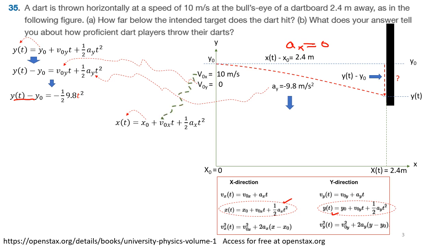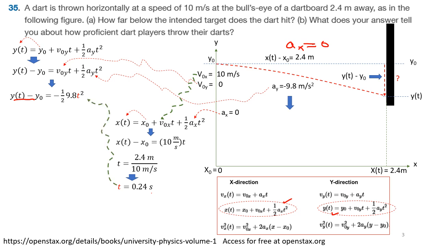Substitute v_0x, we know it's 10 meters per second, and a_x is 0. There is no acceleration in the x direction. Substituting this, we get this equation. From here, substituting the value of x_t minus x_0, we get time t equal to 0.24 seconds.